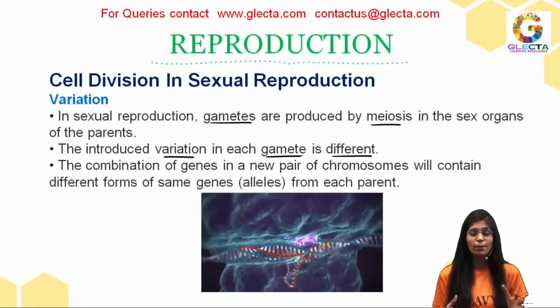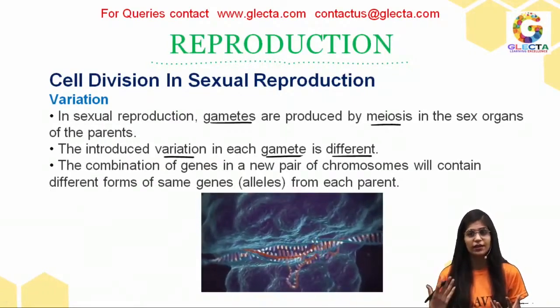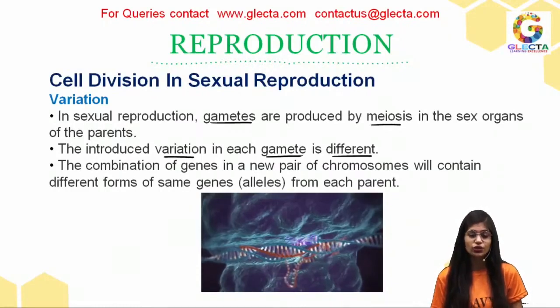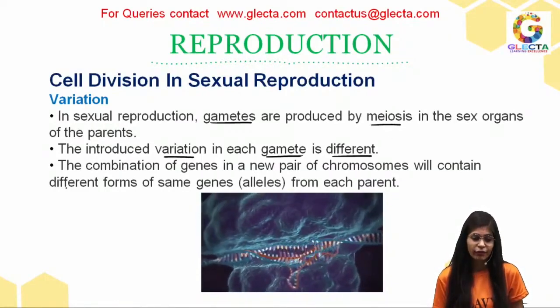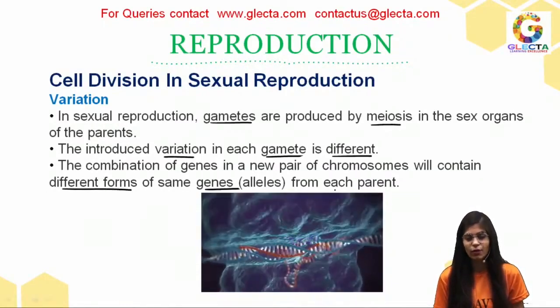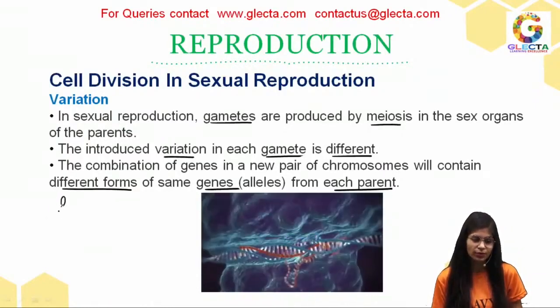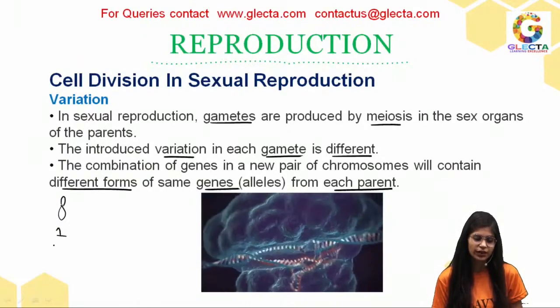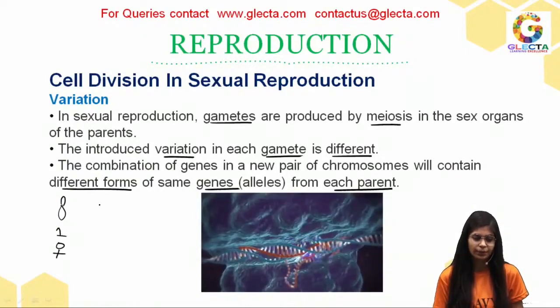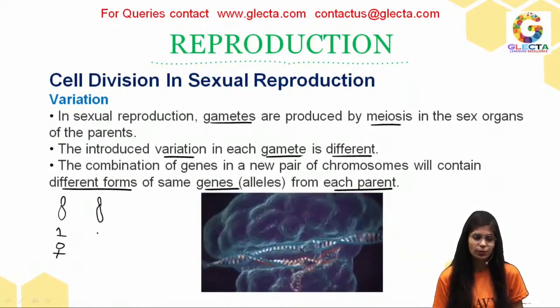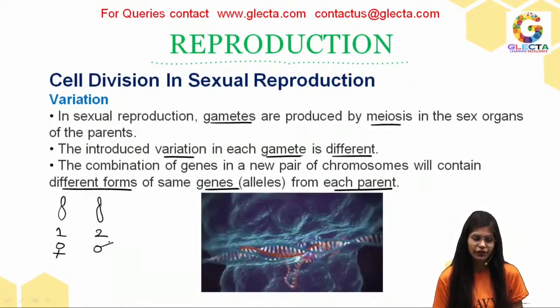And even when you combine those genes from a mother and a father, that will also lead to different forms of the same alleles from each parent, which means possibility number 1, let me draw it, this is your possibility number 1 from your mother, this is your possibility number 2 from father.